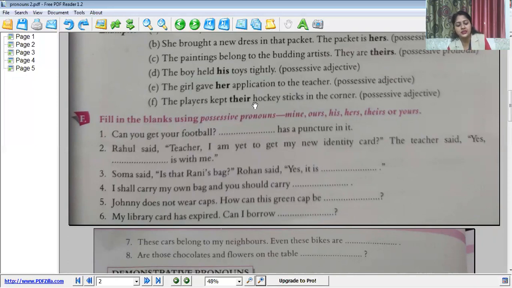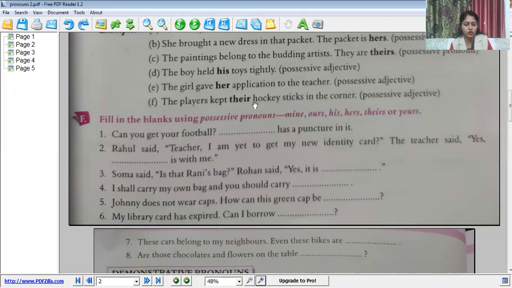Now, Johnny does not wear caps. How can this green cap be his? The next one, my library card has expired. Can I borrow yours? Okay, that question is being asked.